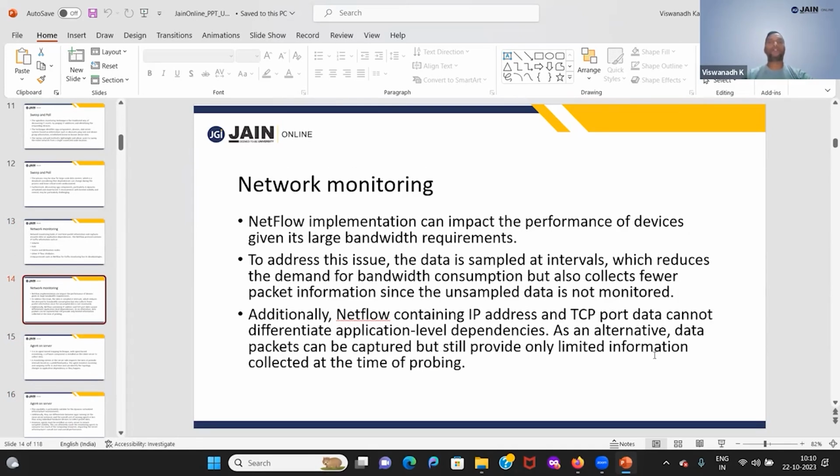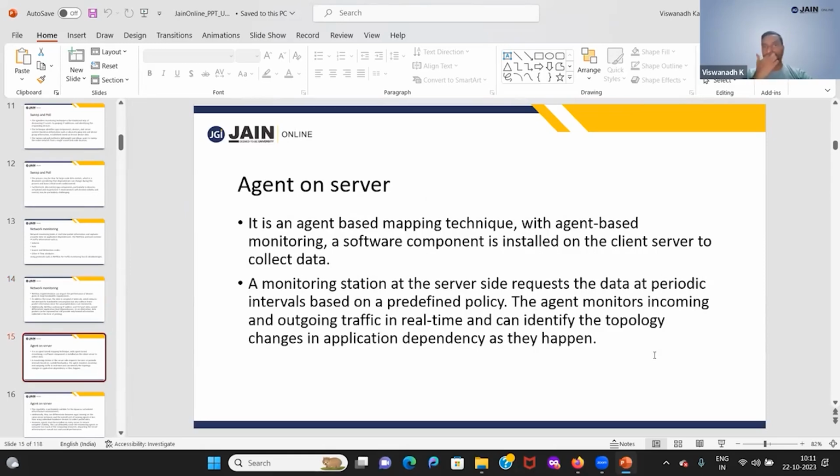To address this issue, the data is sampled at intervals, which reduces bandwidth consumption but also collects fewer packets of information since the unsampled data is not monitored. Additionally, NetFlow containing IP addresses and TCP port data cannot differentiate application-level dependencies. As an alternative, data packets can be captured, but this still provides only limited information collected at the time of capture.